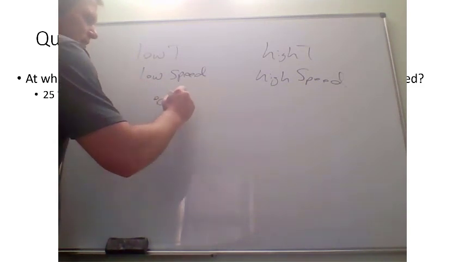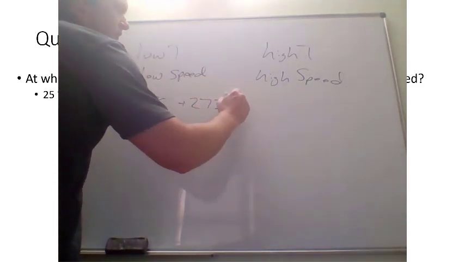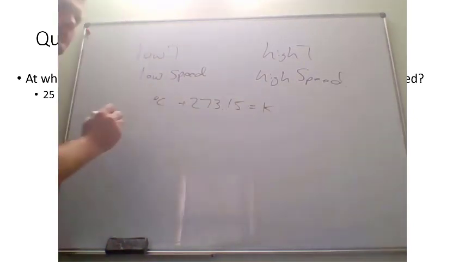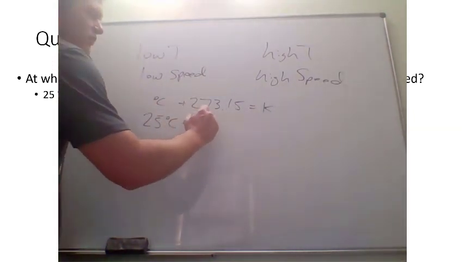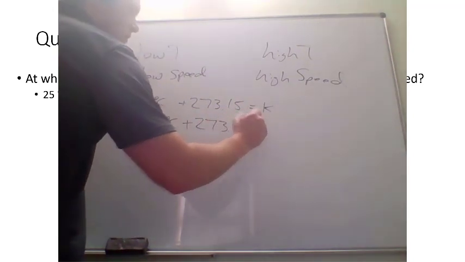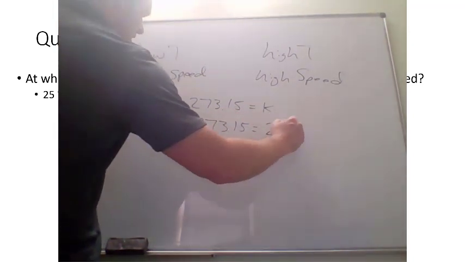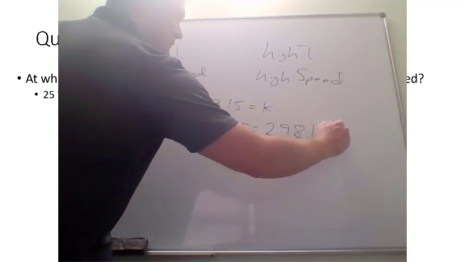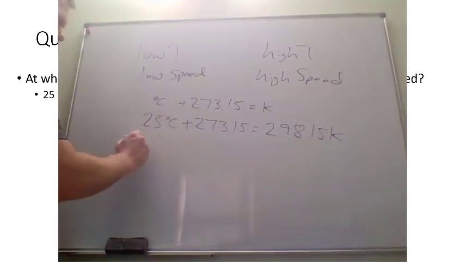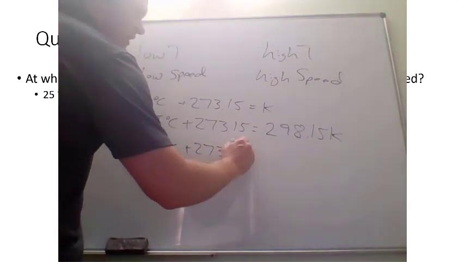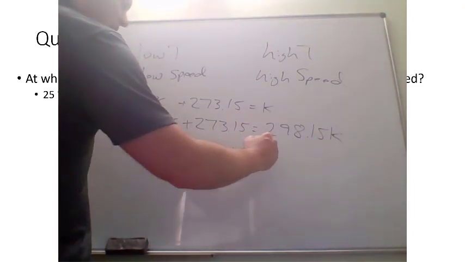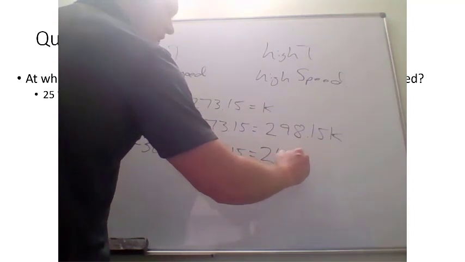So we know degrees Celsius plus 273.15 equals Kelvin. So our first one here, 25 degrees Celsius plus 273.15 Kelvin, is going to give us 298.15 Kelvin. And when we have negative 30 degrees Celsius plus 273.15 Kelvin, will give us a final answer of 243.15 Kelvin.